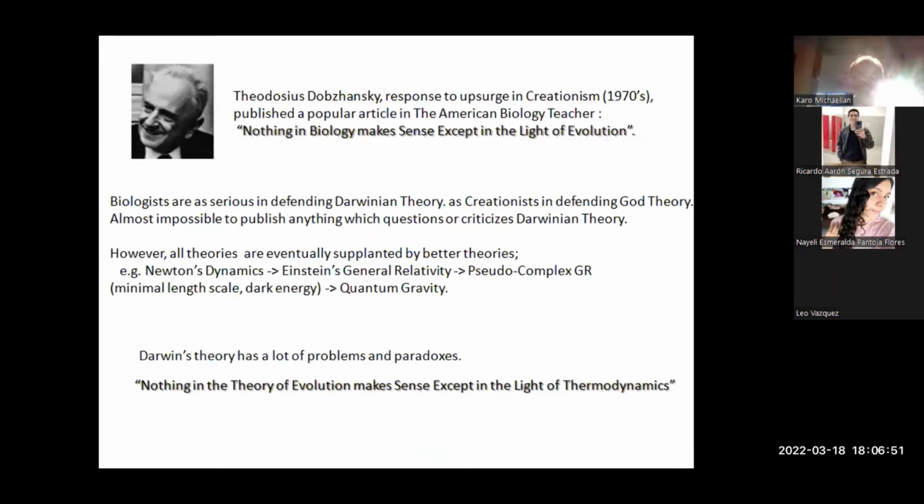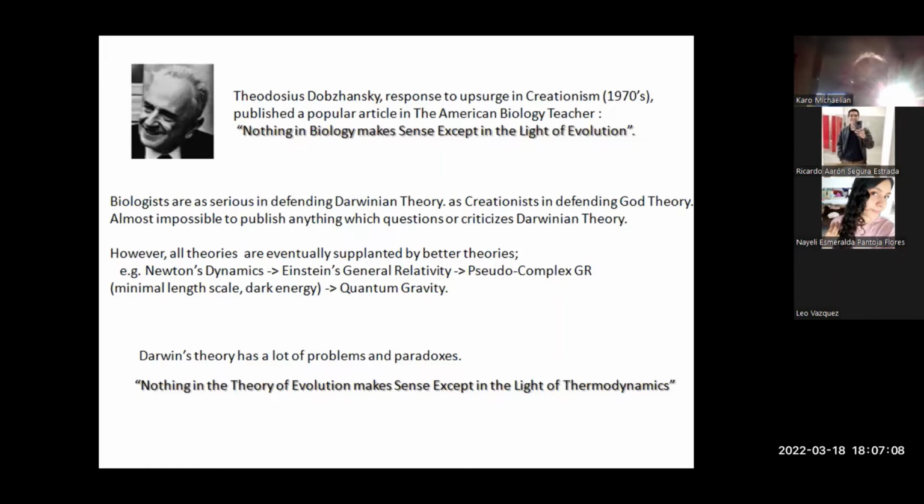So an interesting article was written by Theodosius Dobzhansky in the 1970s, in 1973, I think. This article I sent to you, so you could find it in your email just before the class began. You should read it. It's a very interesting article.